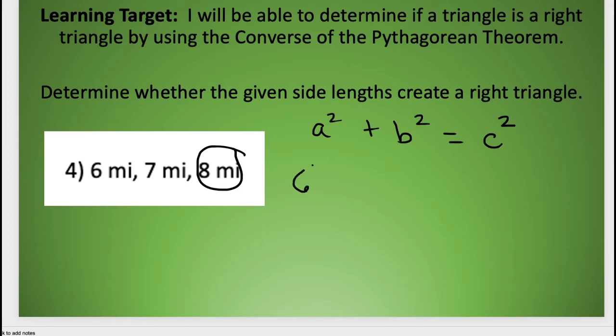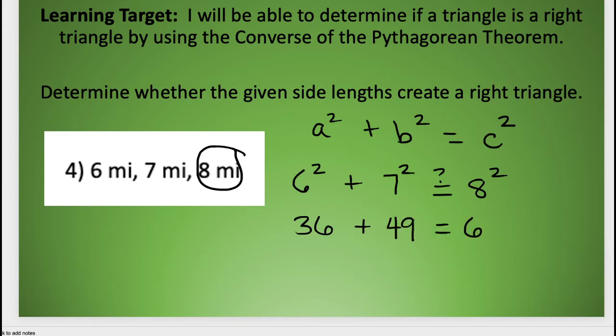6 squared plus 7 squared, we're trying to determine if that's equal to 8 squared. 6 squared is 36, 7 squared is 49, and 8 squared is 64. So now I need to add the 36 and the 49 together.